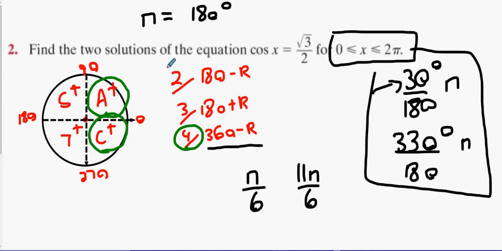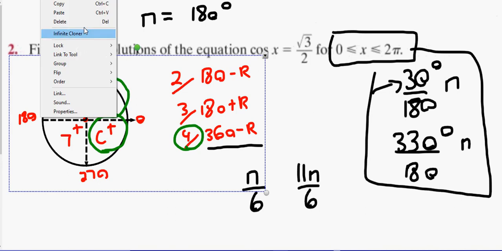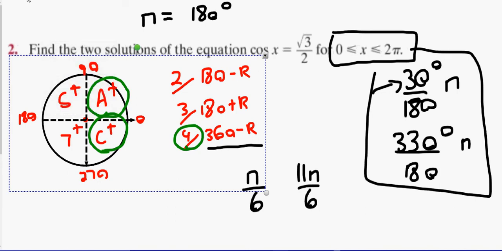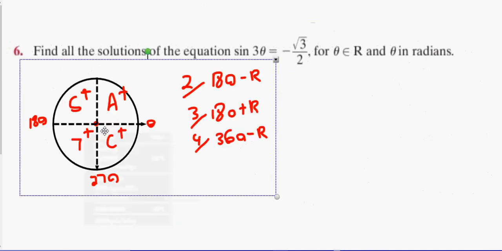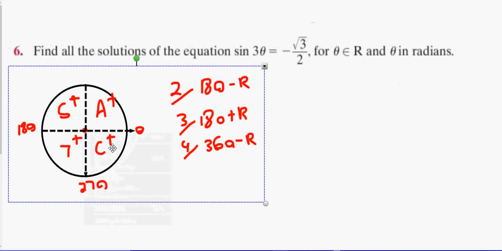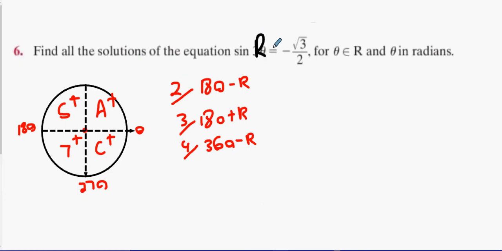Now next thing is this one here. Once again, there's a small trick in it, okay? I'll explain the trick in a second. For argument's sake, I'm going to call this sine r. Is that okay?